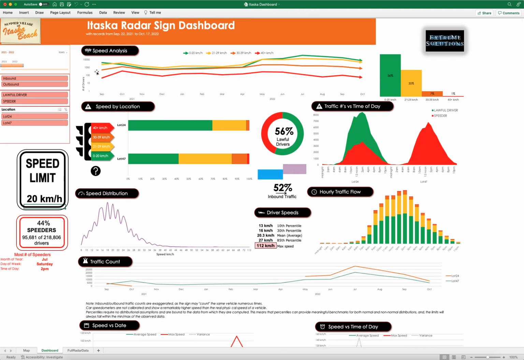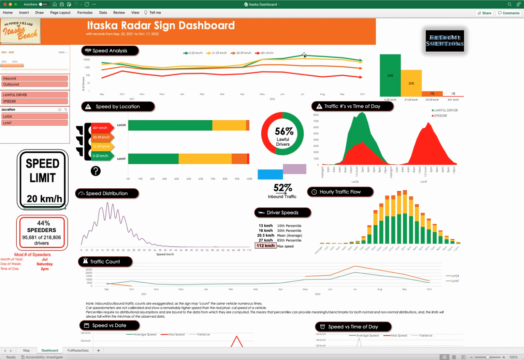We're just going to move from top down and go through the graphs, what they mean, and how we can interact with this information. With the speed analysis, what we're really looking for is green on top, then yellow, orange, red. This indicates the traffic, so the number of drivers. We want the most drivers to be our lawful drivers, or our green line.